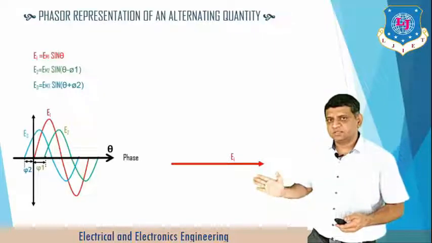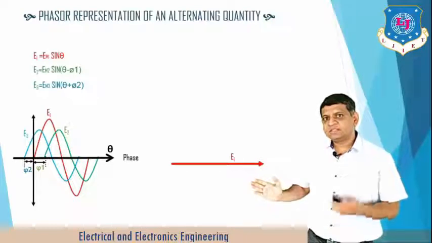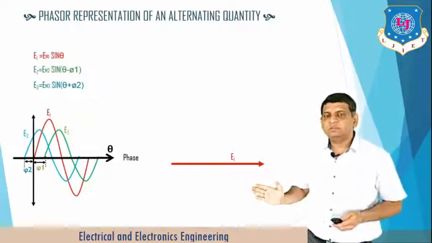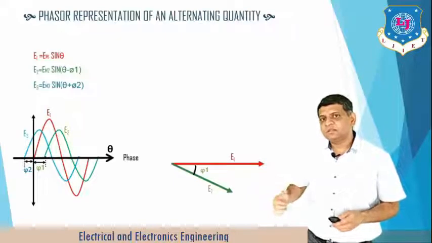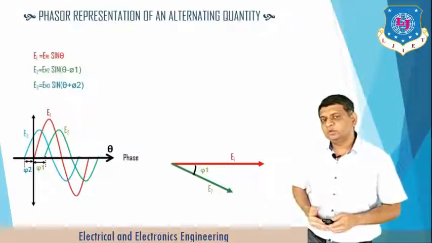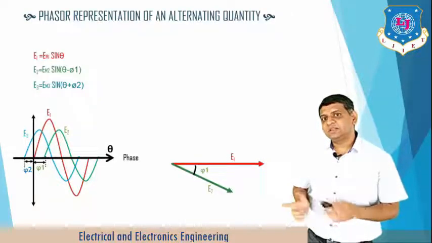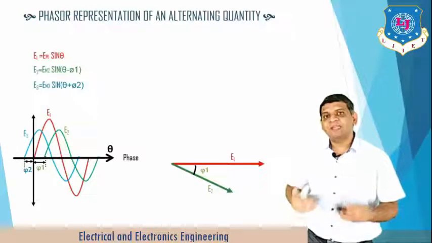Now the angle phi 1 starts after the signal e1. You can consider why this angle is represented as minus phi 1 with respect to angle 0, right? But it starts later on. Why? Because these vectors are moving in an anti-clockwise direction.